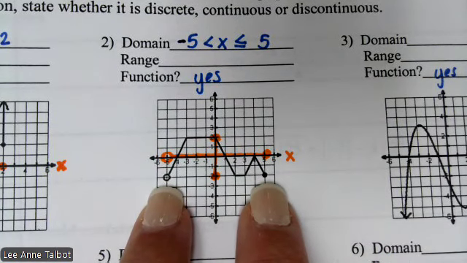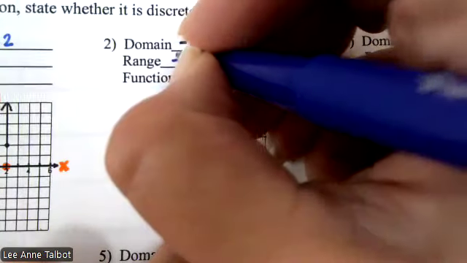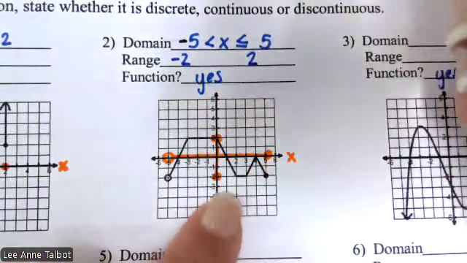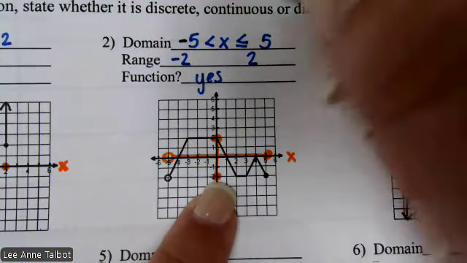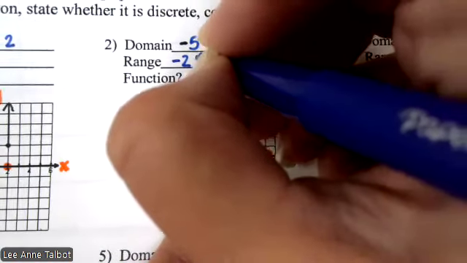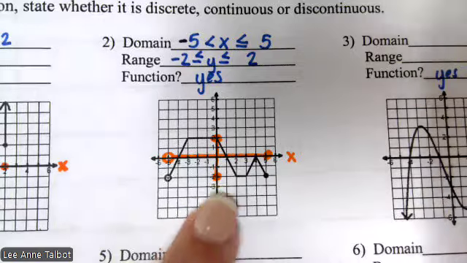Do you see that it's both open and closed? Okay, when it's both, that means it's closed somewhere, so it's closed. If it closes at any point, it's closed. Okay, so that goes from -2 to 2. Range is Y, and they're closed on both sides.